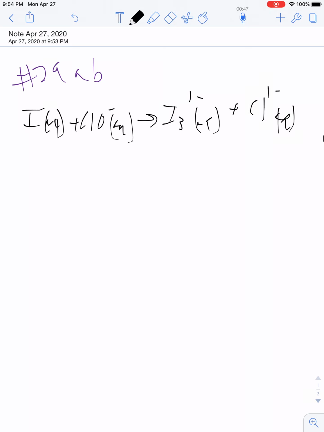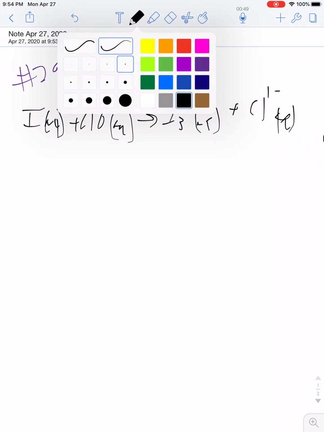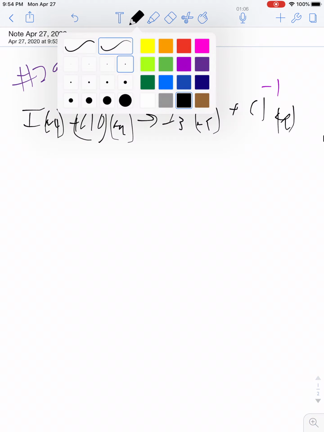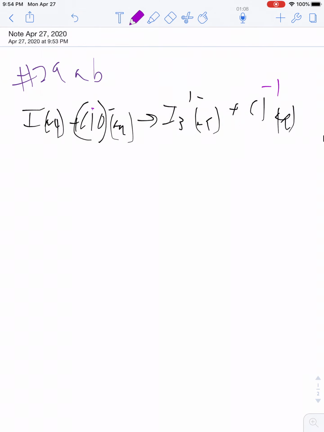So we have to assign oxidation numbers. Charges have the same oxidation as their charge. So that thing's got a -1 charge. Oxygen is a -2 oxidation. Therefore, the chlorine has to be +1.